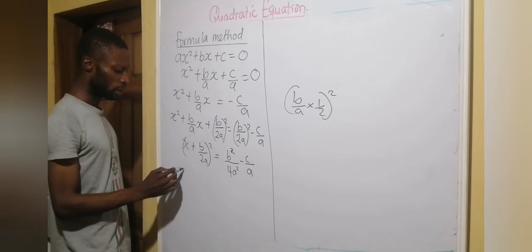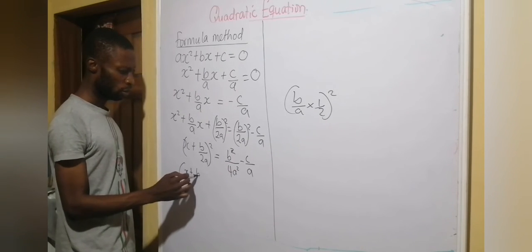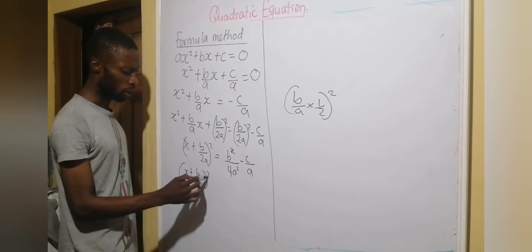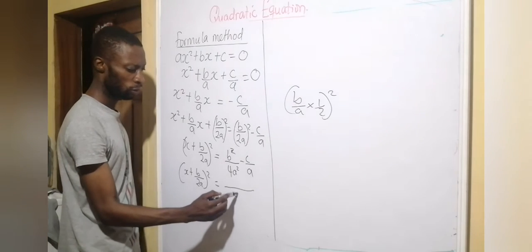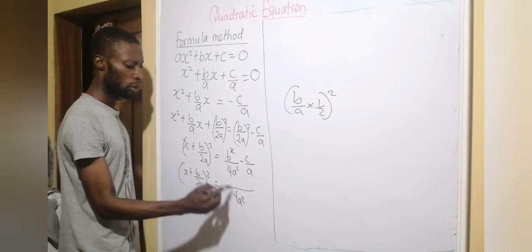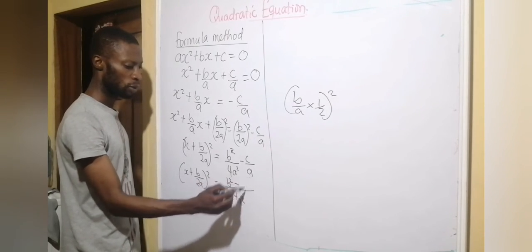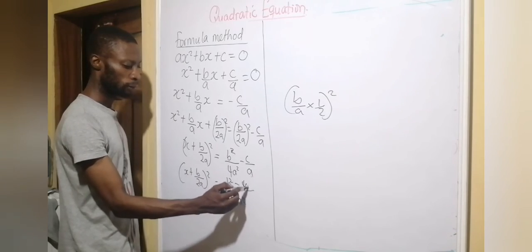So we find the LCM. We have x plus b over 2a all squared to be equal to what? The LCM is what? 4a squared. 4a squared goes here, that's b squared minus 4ac.